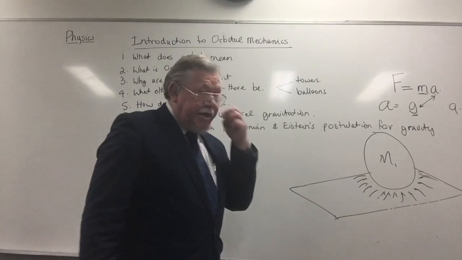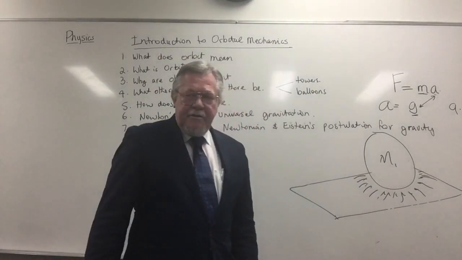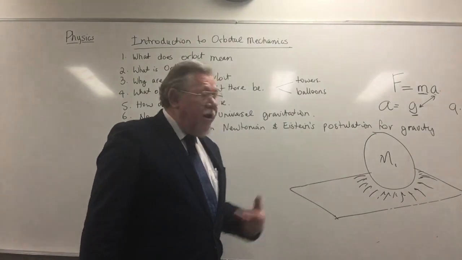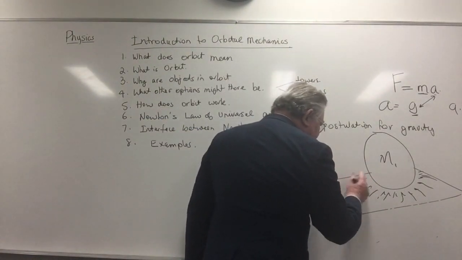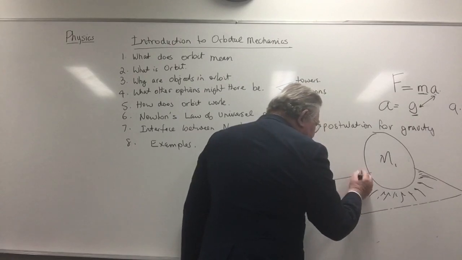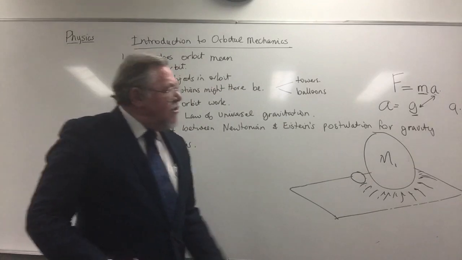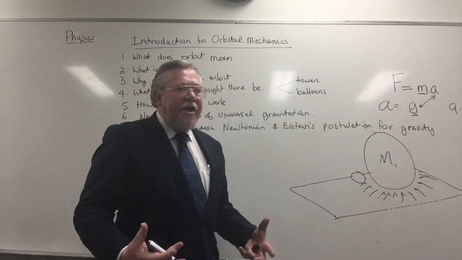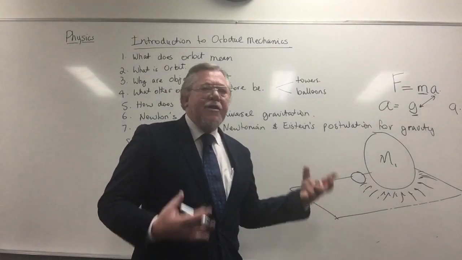comes close enough to this, then that object gets influenced by it. So we might have an object over here, and this object is influenced by this one. It will want to fall towards this larger object.